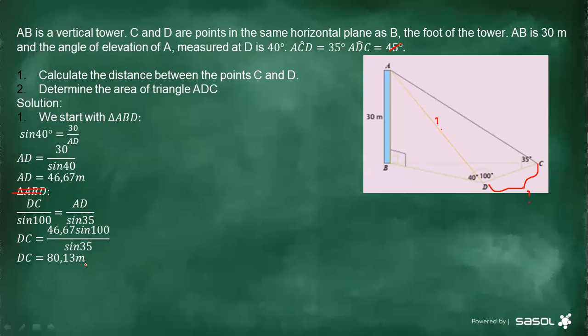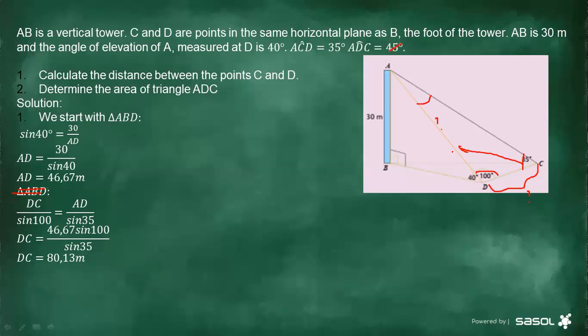The distance of AC, let me check. All right, I think there is a mistake in this question. If I calculate the distance between the points C and D, DC, this side opposite is the AD we just determined, which was 46,67, and then we also have this angle here, which is 100. But for us to get DC, we must have this angle here.